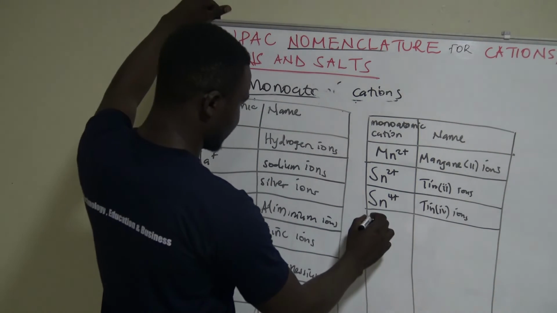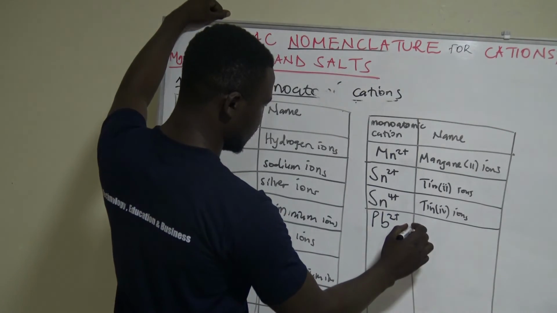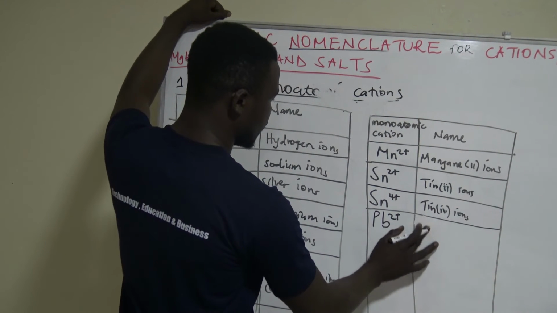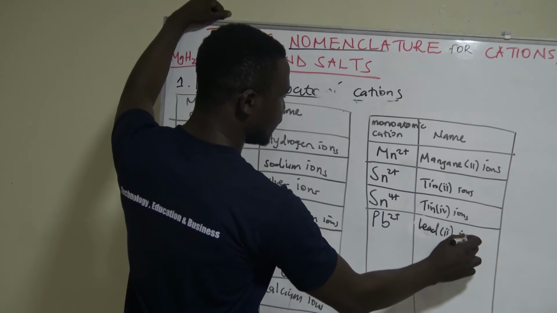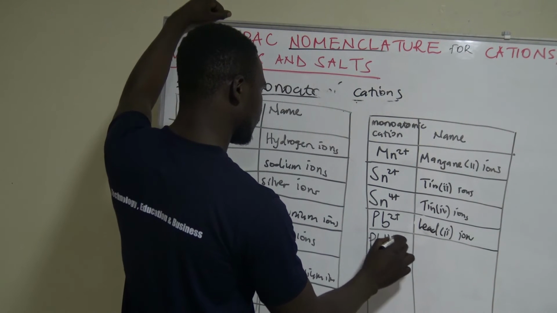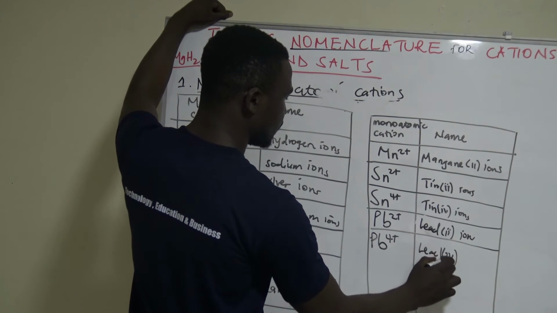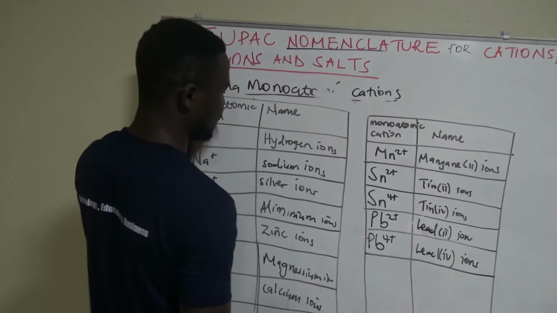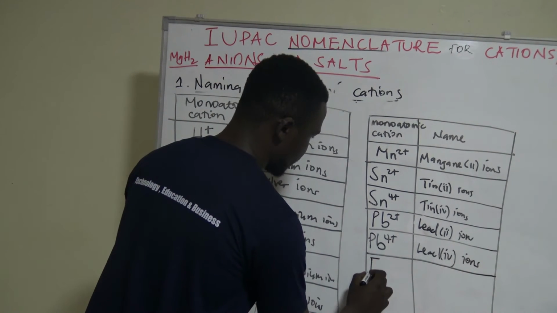If we look at the other thing that I had given in the example, we know that lead is divalent, therefore this one we shall call it lead(II) ions. The second valence of lead is lead 4. So this one we are going to call lead(IV) ions. The other element we are going to look at is iron.